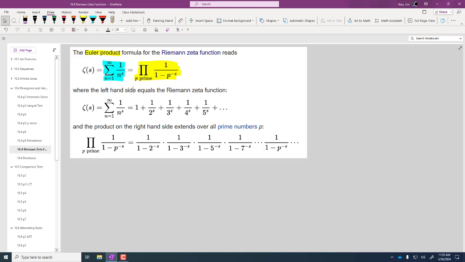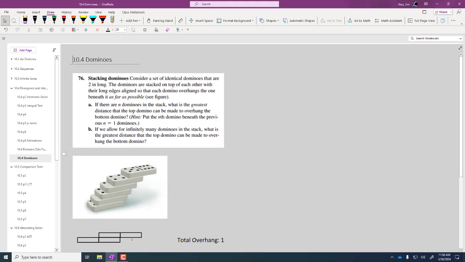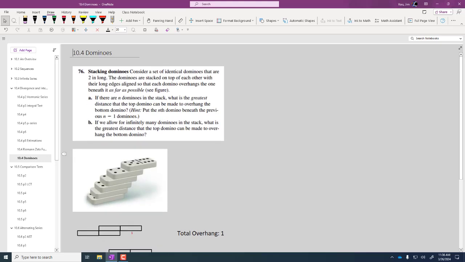Okay, let's do one last interesting example, the dominoes. The idea here is, can you stack dominoes or bricks? And they're perfect. Dominoes actually have rounded edges, so maybe they're not perfect.